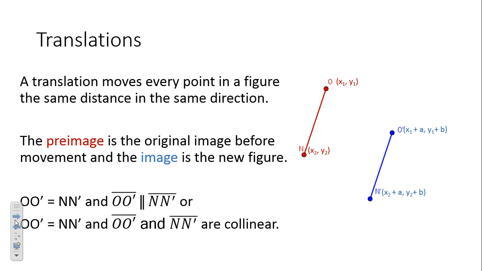And the thing to be aware of is that the distance between O and O prime is equal to the distance between N and N prime. And if you draw a segment between O and O prime, it's going to be parallel to N and N prime. Same slope. And it will also be the same length.